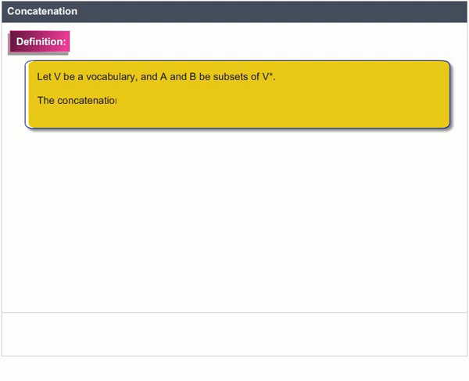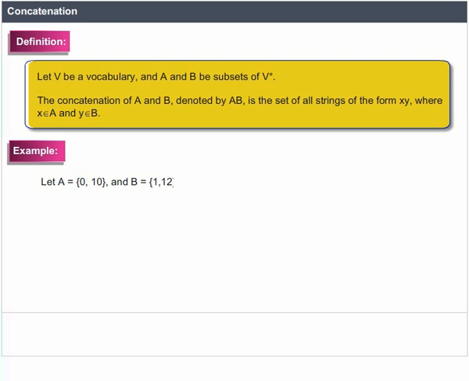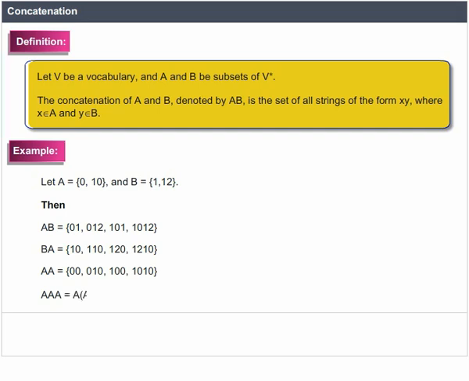The concatenation of A and B, denoted by AB, is the set of all strings of the form XY, where X belongs to A and Y belongs to B. Example: let A equal to {0, 10} and B equal to {1, 12}. Then AB equal to {01, 012, 101, 1012}. Then BA equal to {10, 110, 120, 1210}. Then AA equal to {00, 010, 100, 1010}. AAA equals A times AA, which gives the eight strings 000, 0010, 0100, 01010, 1000, 10010, 10100, 101010.